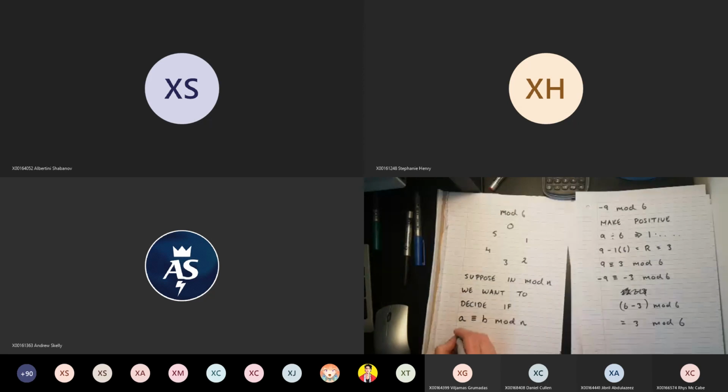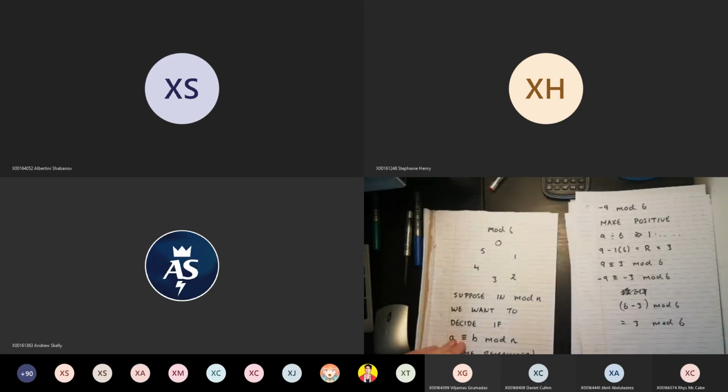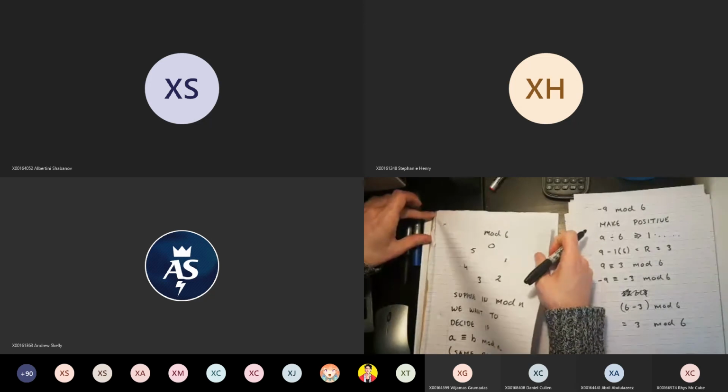So what does that mean? It means they give the same remainder. I want to know if they give the same remainder. I don't necessarily care what a and b are, but I want to know if they have the same remainder.